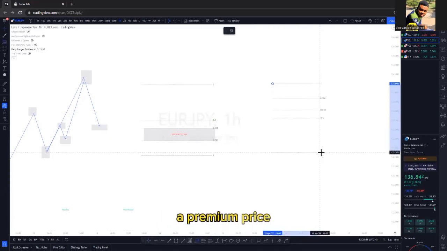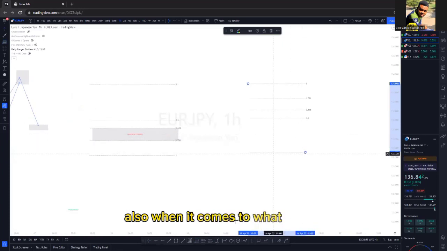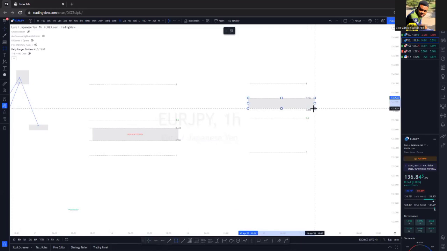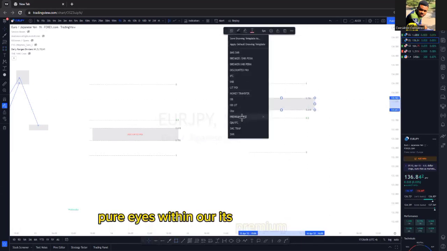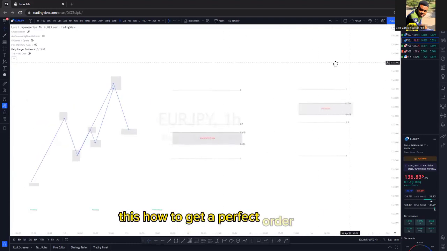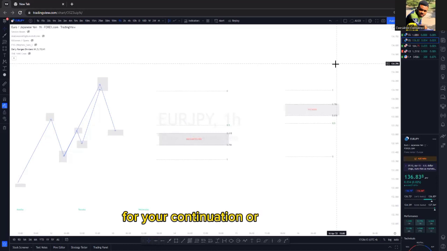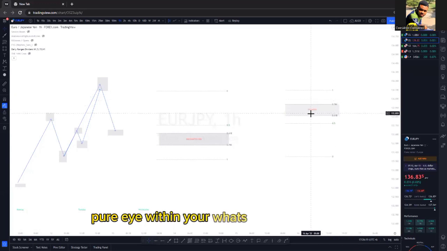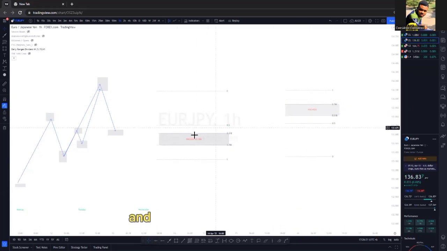Then we have the premium price also. When you are looking to sell, we only look for POIs within our premium price. So this is how to get a perfect order block for your continuation or reversal trades. Always look for a POI within your premium price and your discounted price.